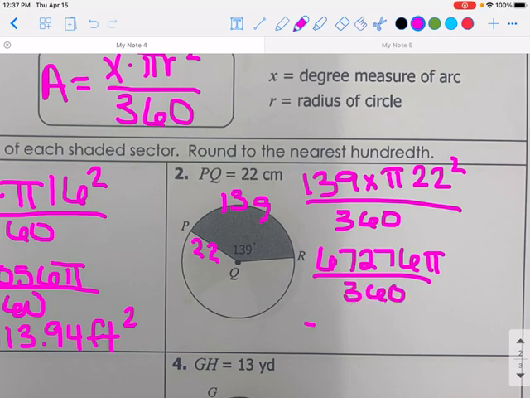And when I multiply that by pi and then divide by 360, I should get 587.09 centimeters squared.